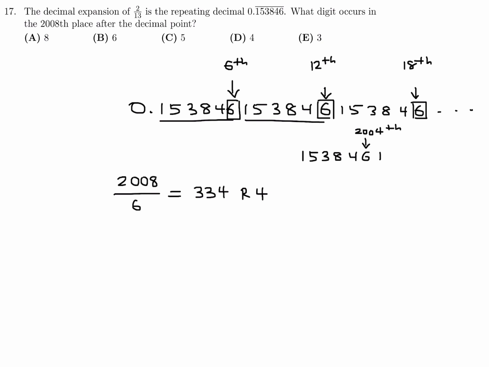And then you just have to figure out what is the 4th number after that. So if this pattern repeats, this is the first number after it, second number, third number, fourth number. This is going to be the 2008th digit, and that is the number 8. So number 17, the answer is A.